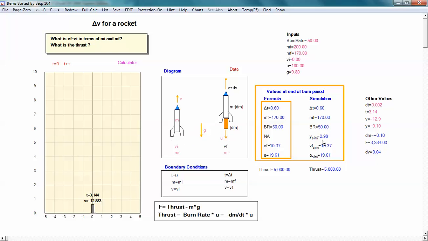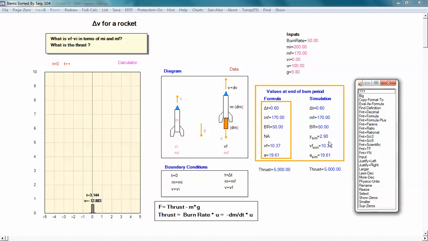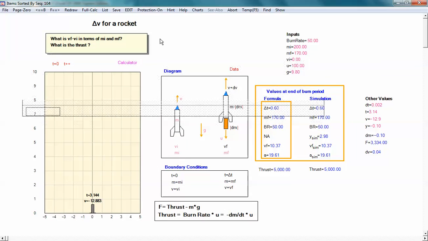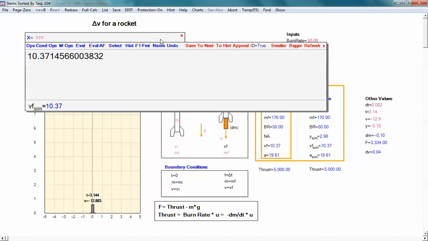If I look at this number here, if I do a big on that, that's just a number, and that number was generated by the simulation. So the fact that they came out to be the same is a pretty good indication that the formula is right, and that the simulation is right. You know, it could be that one or the other is wrong, but it'd be odd that if one of them was wrong and the other was wrong, and these both came out to be the same. So that gives me some comfort that the formula is right and the simulation is working.